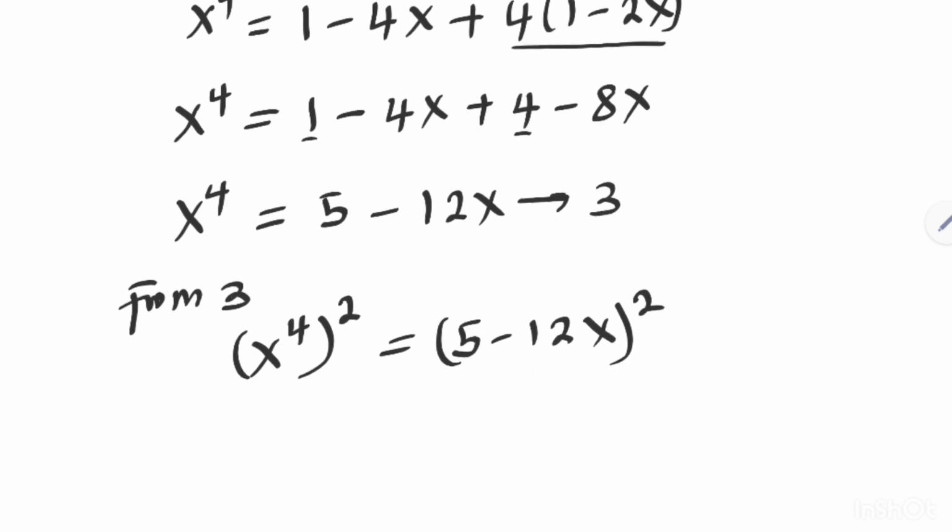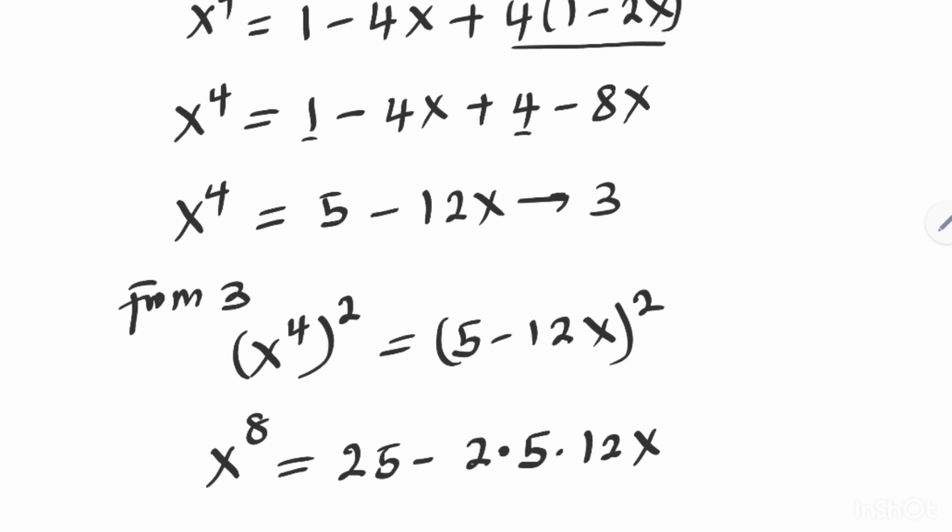This is the same thing as x raised to power 4 times 2, that is 8, is equal to, if you expand this, we have 25 minus 2 multiplied by 5 multiplied by 12x plus 12x all squared.